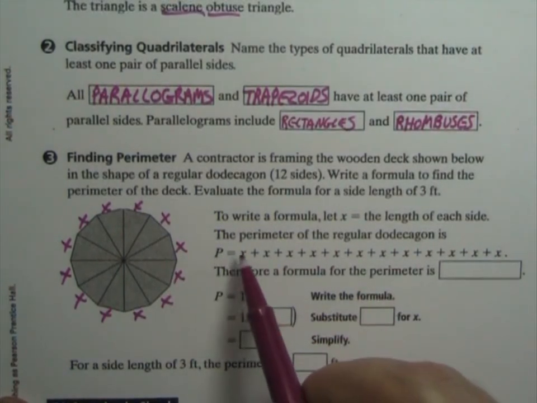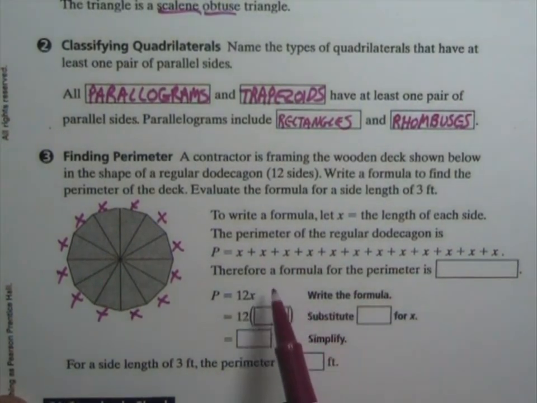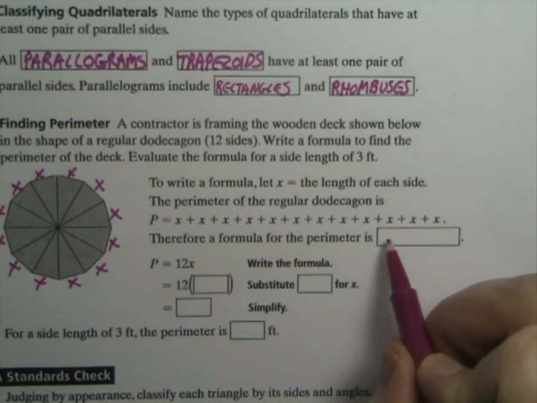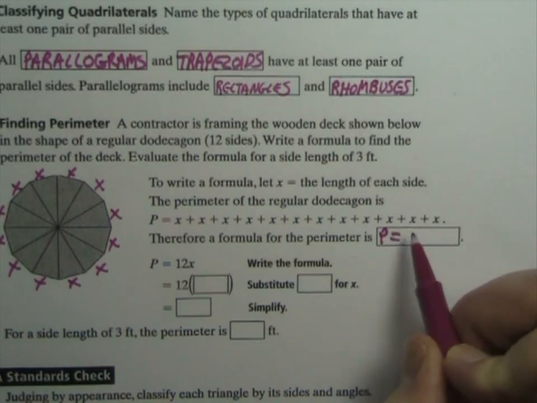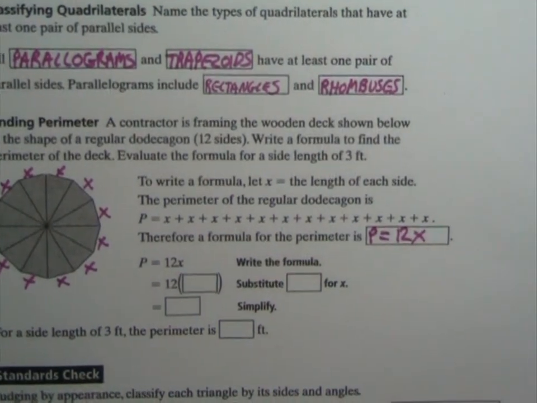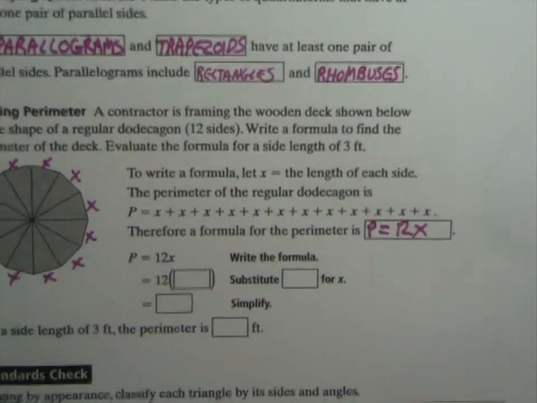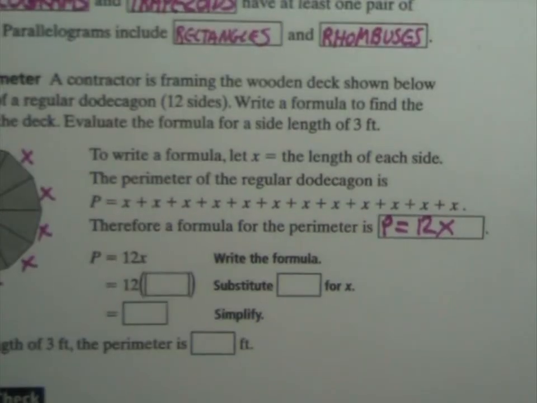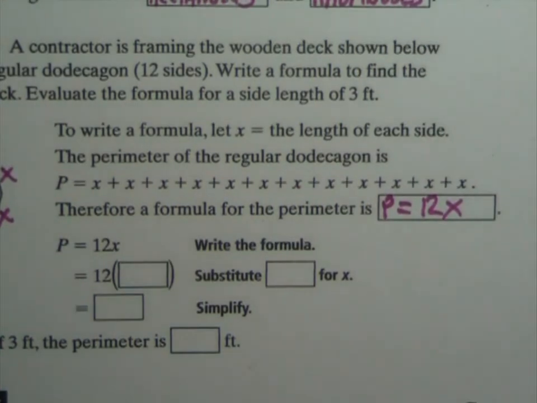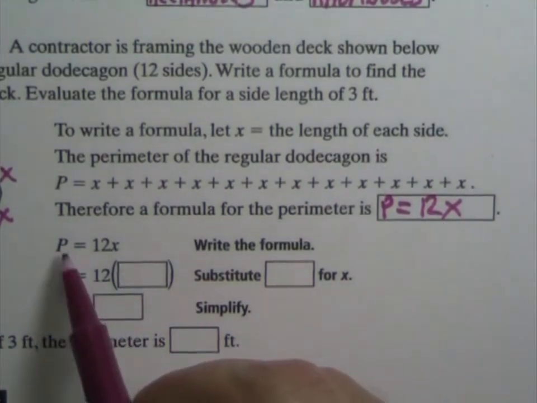So if the perimeter is adding up all those x's, then the formula for the perimeter is P equals 12 x's, 12 times x. So we write our formula, P equals 12x.